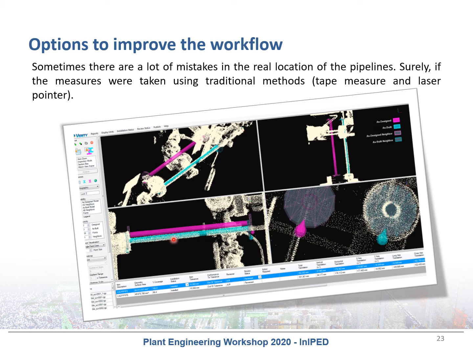As you can see, Verity is a powerful tool that helps you to assure the accuracy of your model before you generate more information, for instance, the isometrics and layouts.